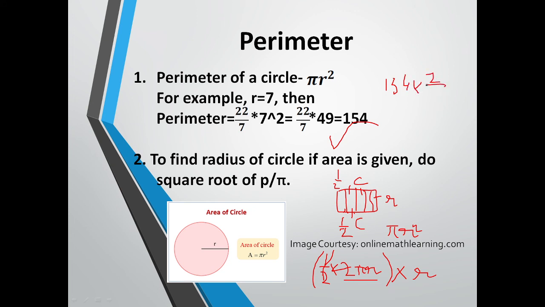This is actually 7 by 22, right? 22 into 7 is 154, and 7 into 7 is 49. The square root of 49 is 7, and we get the radius.